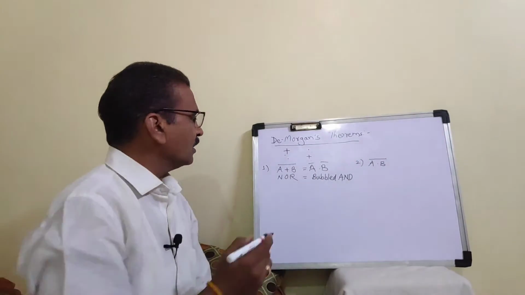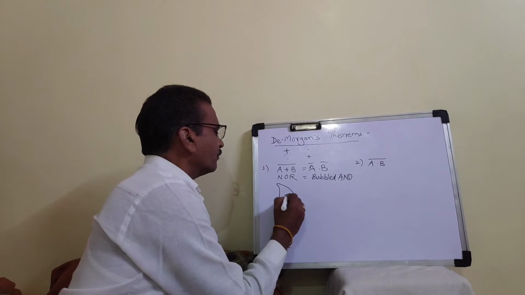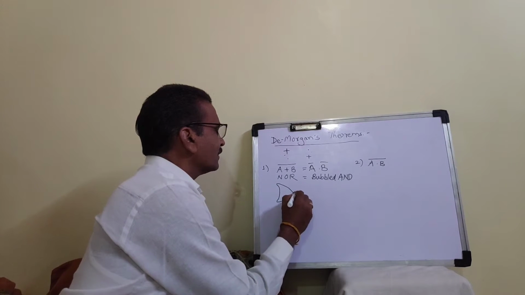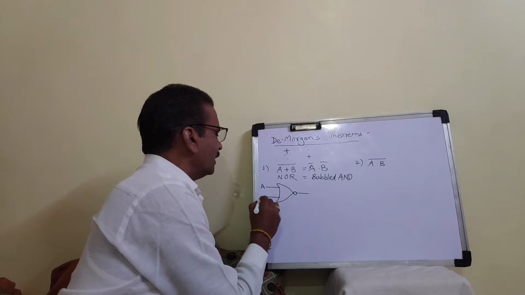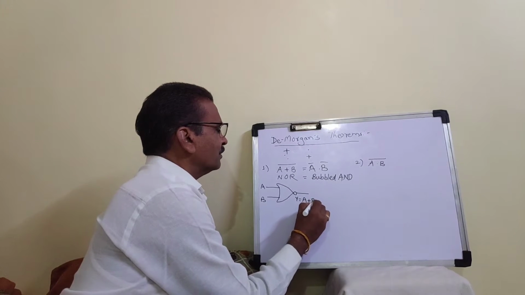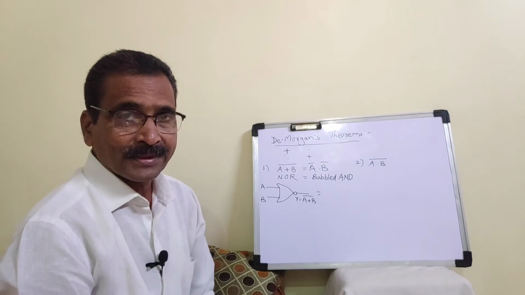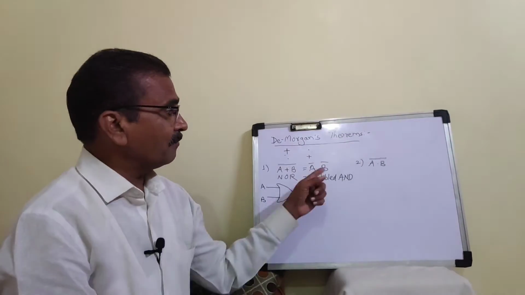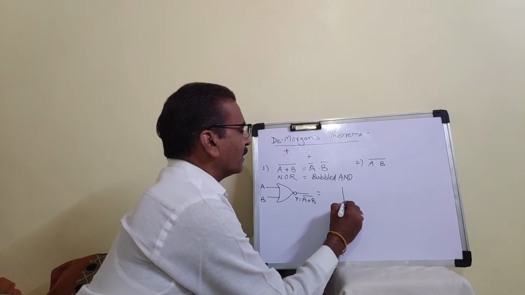So therefore this NOR gate, you know very well, the symbol of NOR gate will be like this. It has two inputs, suppose A and B. Output will be Y equals A plus B whole complement. This is equivalent to bubbled AND gate, that means AND gate with bubbles.